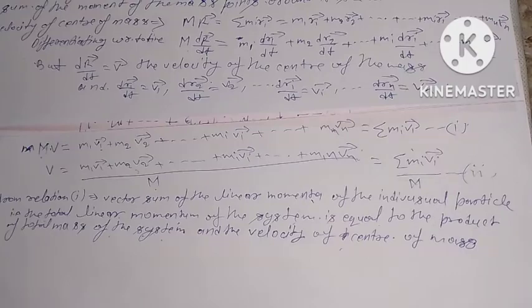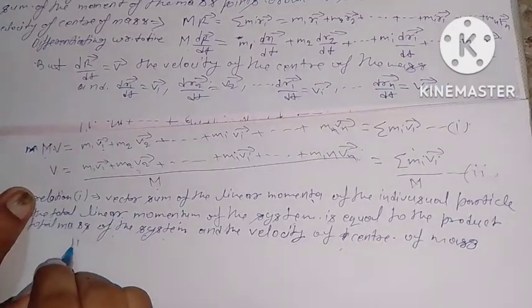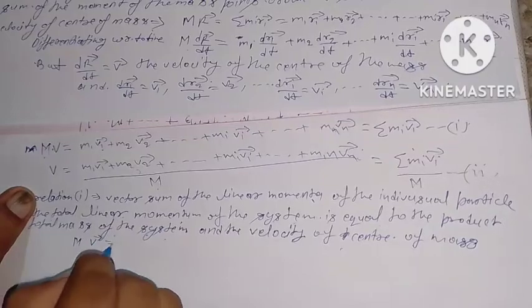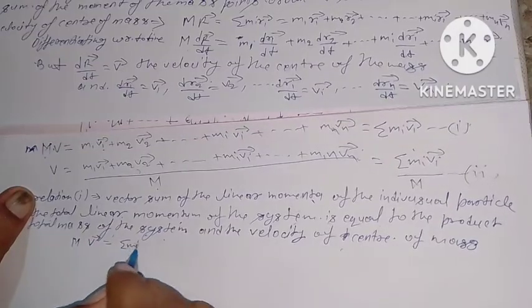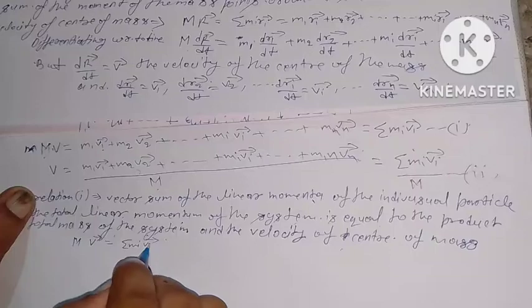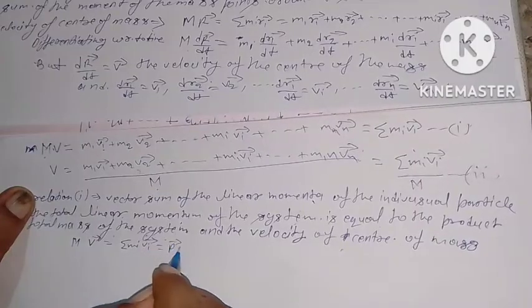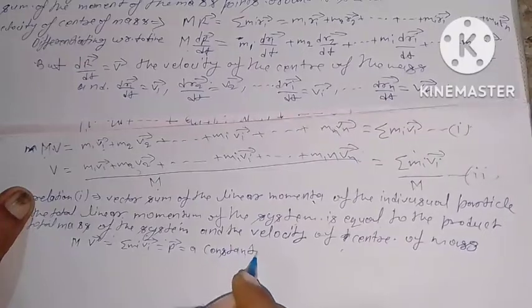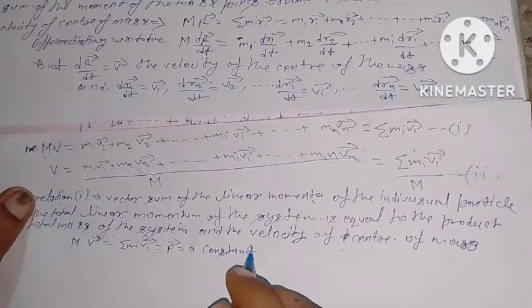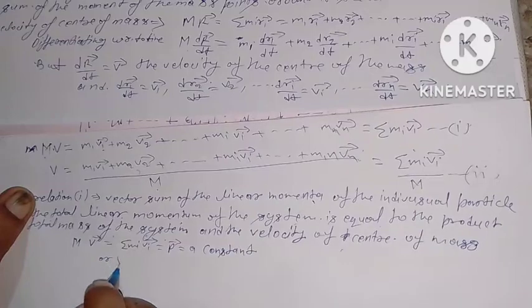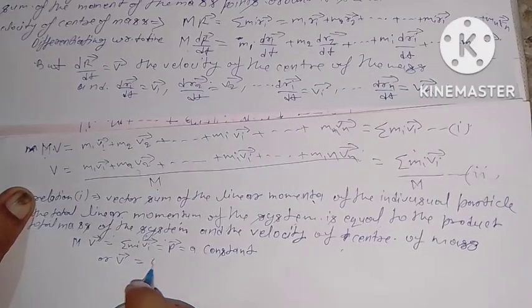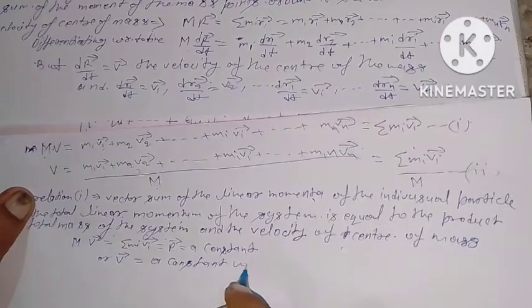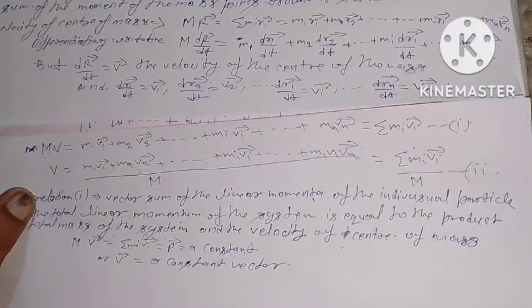So capital M into vector V equal to sigma mi vi vector equal to vector P equal to a constant, and vector V equal to a constant vector.